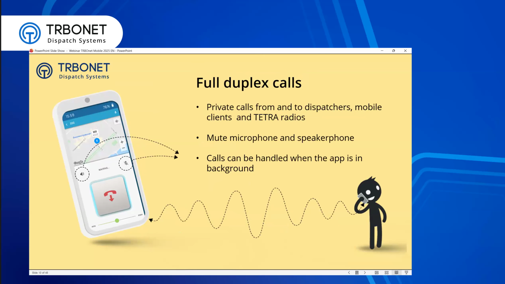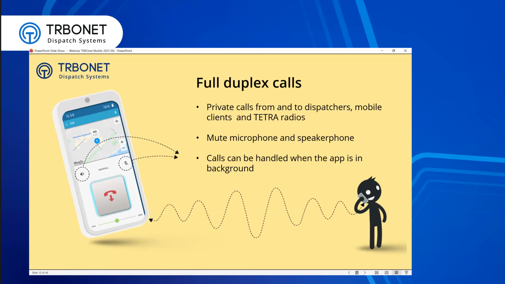available. These ones are just like regular telephone calls and allow every party to speak and listen at the same time. Obviously, you're not going to start a full duplex call to a radio, but the way to start a full duplex call is very similar. You will select out of a few different contact lists the party that you want to communicate with, and then you just tap and initiate a full duplex call.